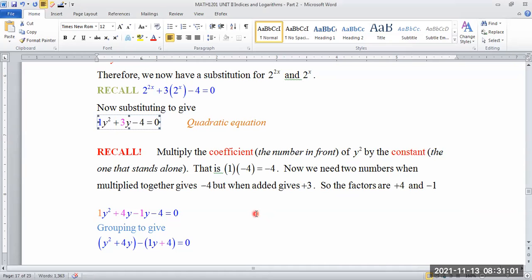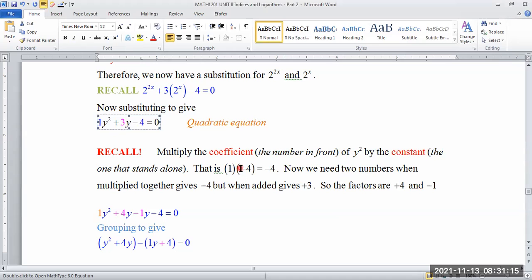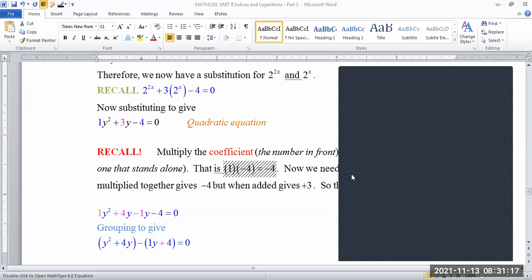And I'm multiplying that 1 by the constant -4, to give me -4.